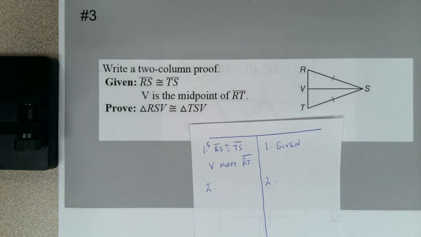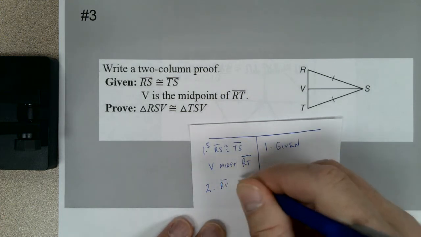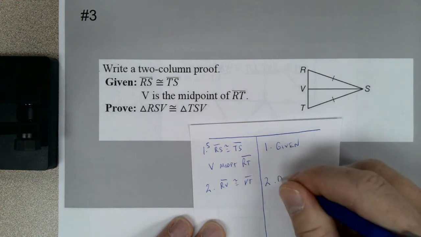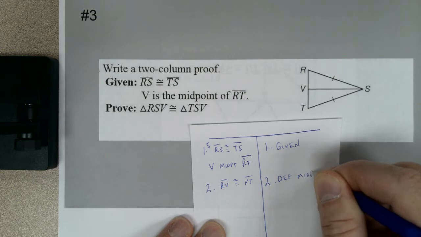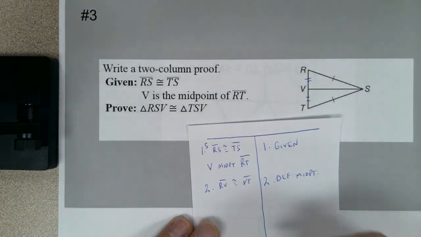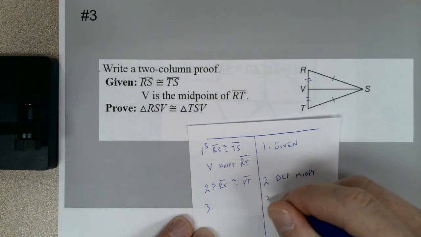Okay, so Aiden's typed in that RV is congruent to VT, and that would be definition of midpoint. I'm going to mark that in my picture. That gives me another pair of sides.